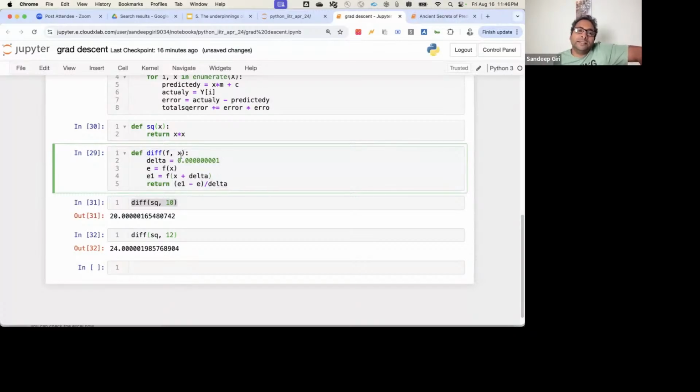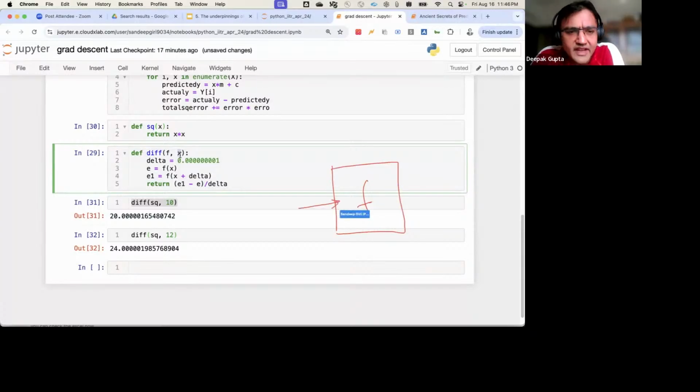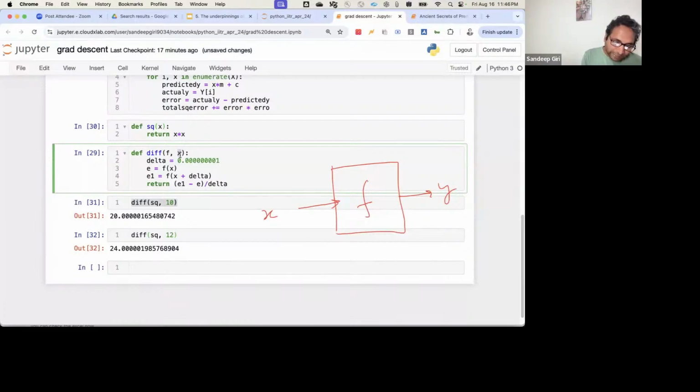All I did was increase x, the input. The way you should visualize it is this. What is f? In Python, you can pass a function as an argument.